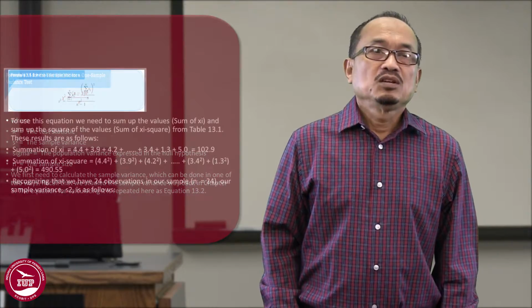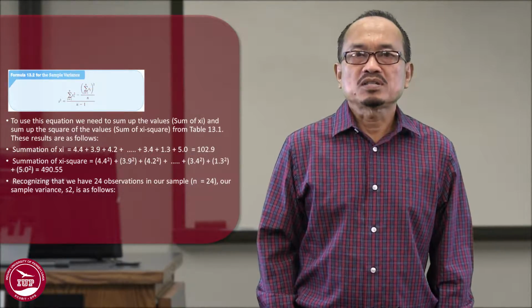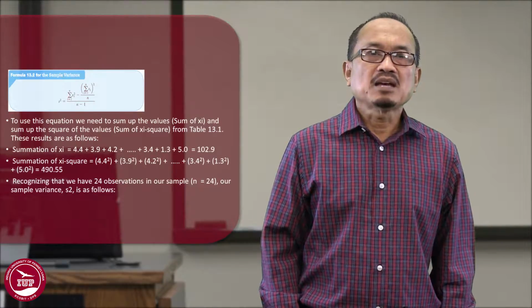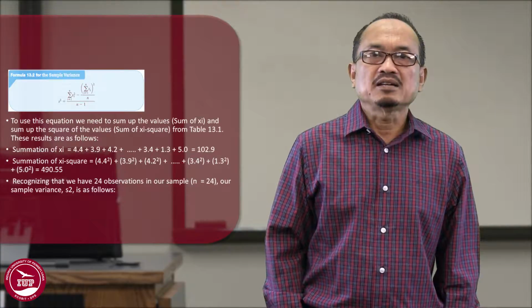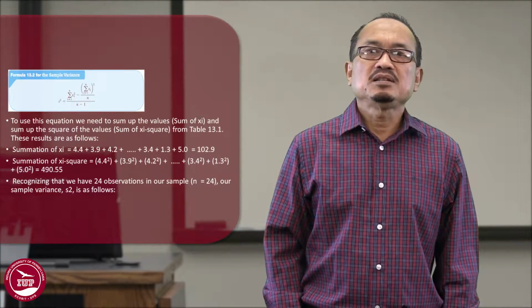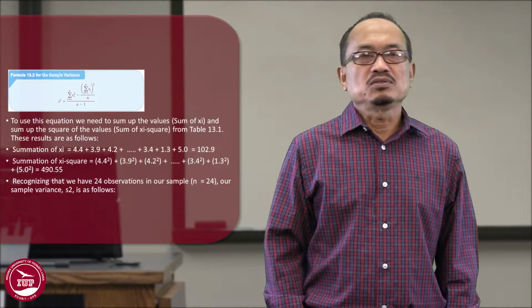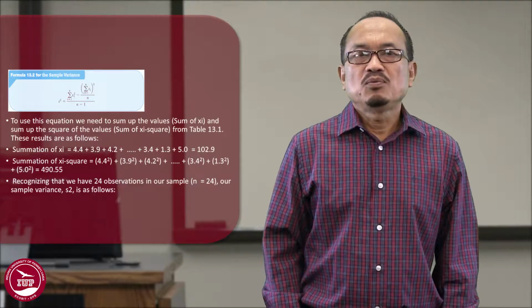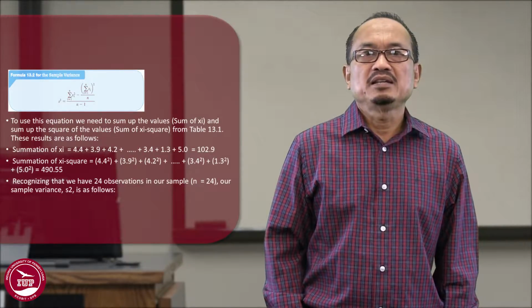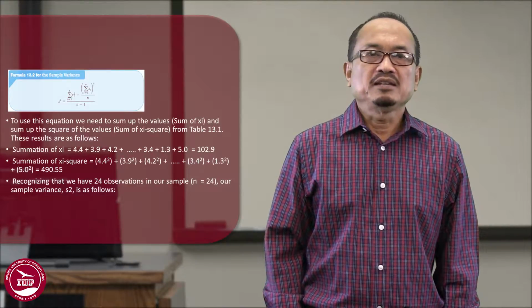To use this equation, we need to sum up the values, or sum of xi, and sum up the squares of the values, or sum of xi squared, from Table 13.1. These results are as follows. Summation of xi is equal to 4.4 plus 3.9 and so on, equal to 100.2.